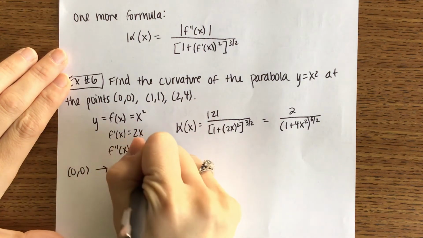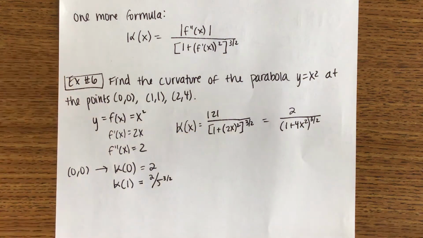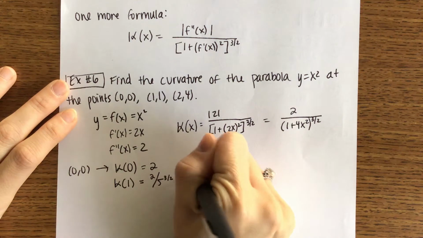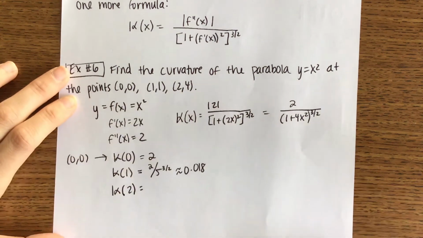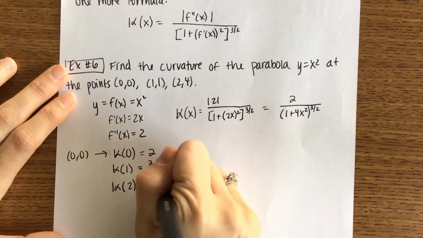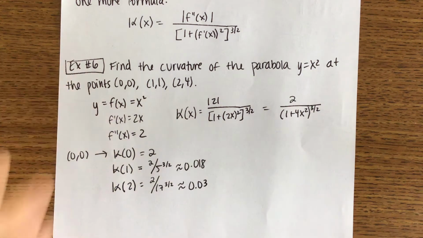If you plug in 1, you get 2 divided by 5 to the power 3 over 2, which I will tell you is about 0.018. If you plug in 2 into this general expression, you get 2 divided by 17 to the power 3 over 2, which is about 0.03.